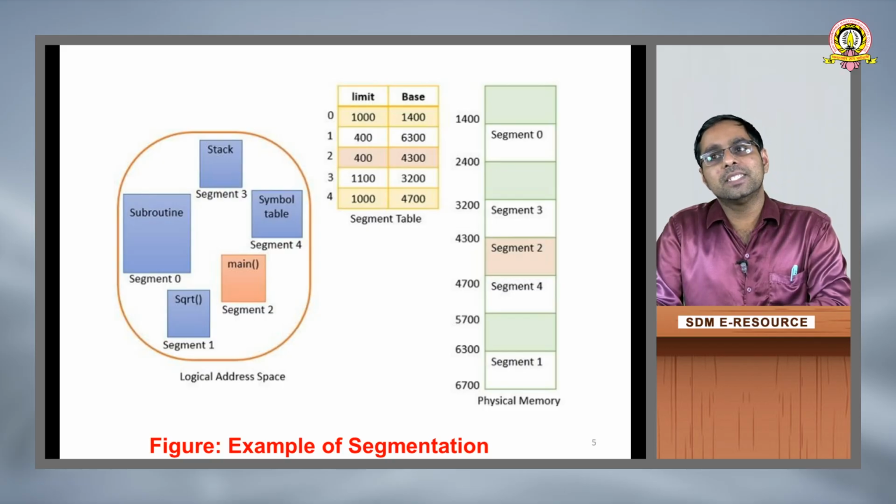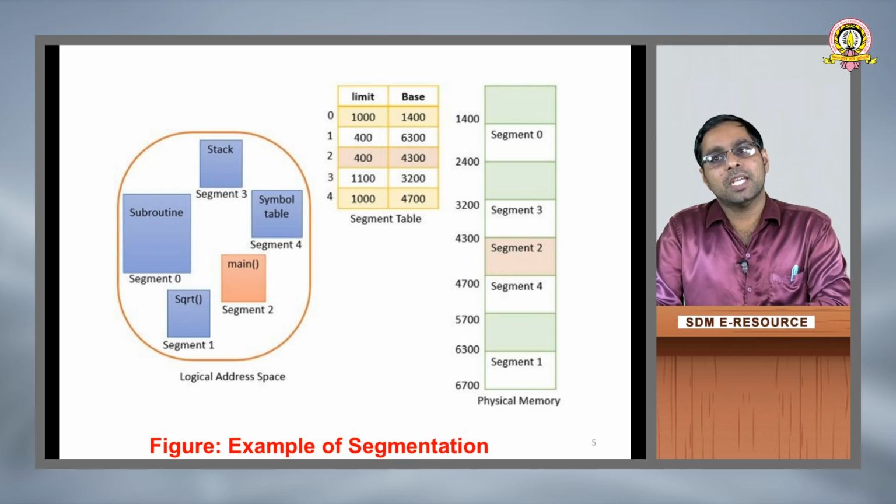So what do we mean by base and limit? The base field contains the starting address of a segment in main memory and limit contains the length of the segment. You can observe that 1400 is the starting address of segment 0 in main memory and its length is 1000. So segment 0 extends from 1400 to 2400.